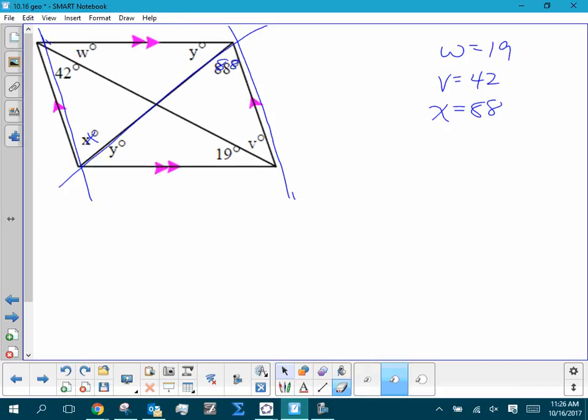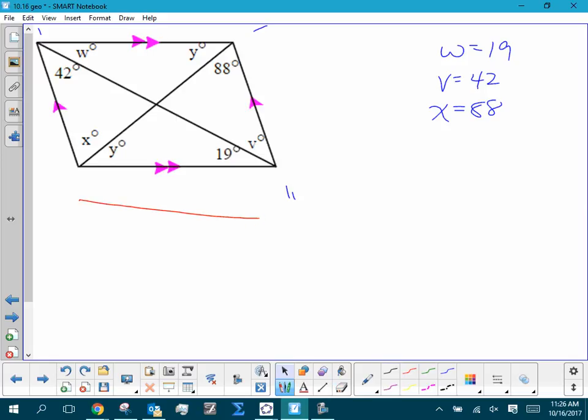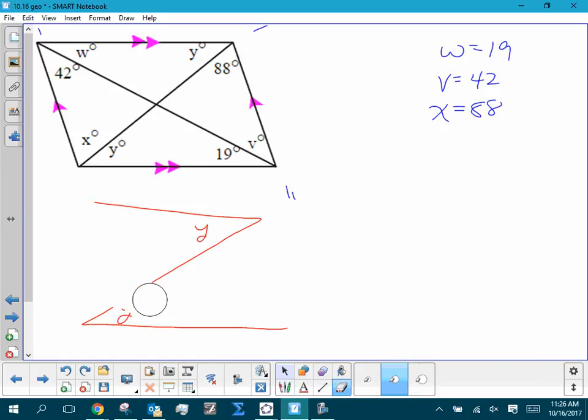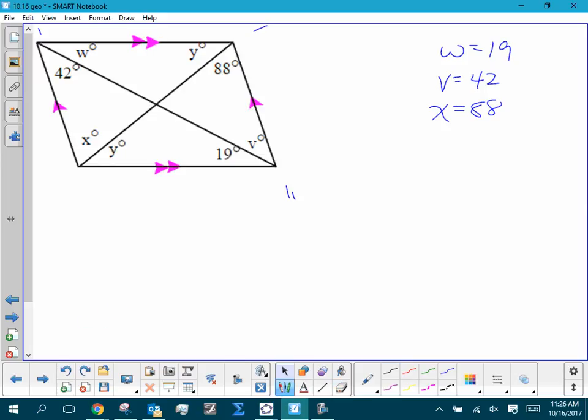So now we still need to find y, right? And everything that we've done so far doesn't get us back to being able to fill anything in for that original picture that we had, with y there and y there. But can we look at something like this? It doesn't really matter which ones we look at, but can I look at that parallel line?